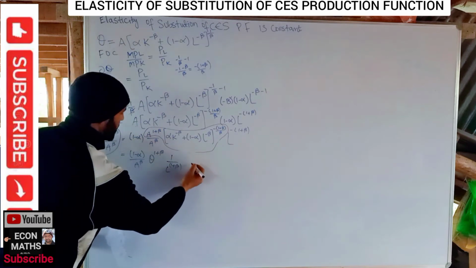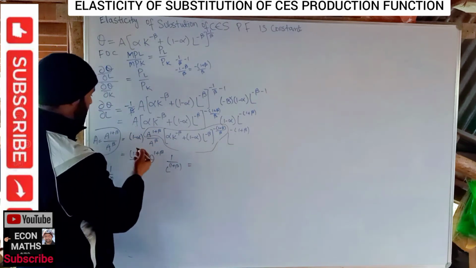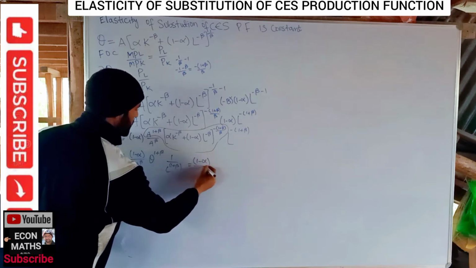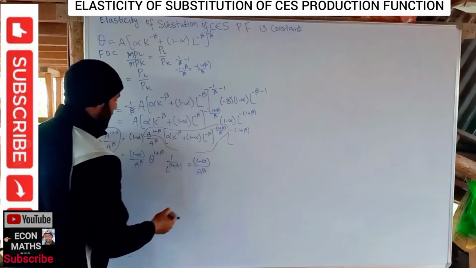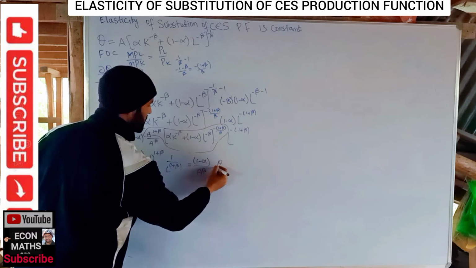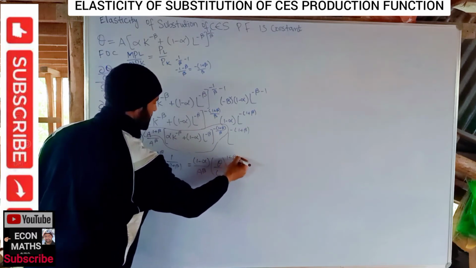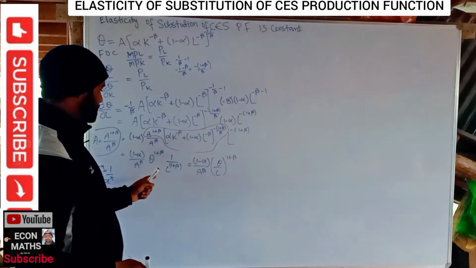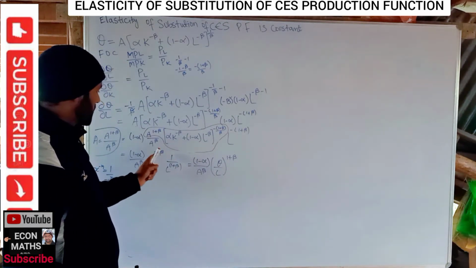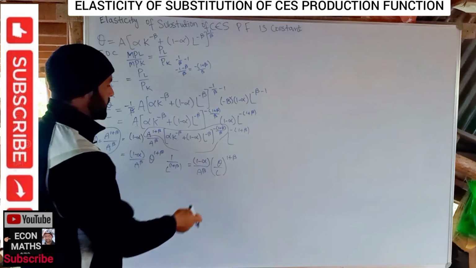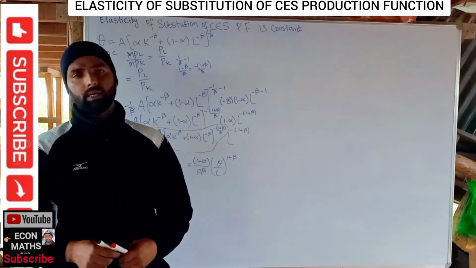So further simplifying this will become (1 minus alpha) divided by A to the power beta, and I can write here Q divided by L to the whole power 1 plus beta, because the exponents are the same. Here the exponent is 1 plus beta, here also 1 plus beta. We can write Q divided by L to the power 1 plus beta.